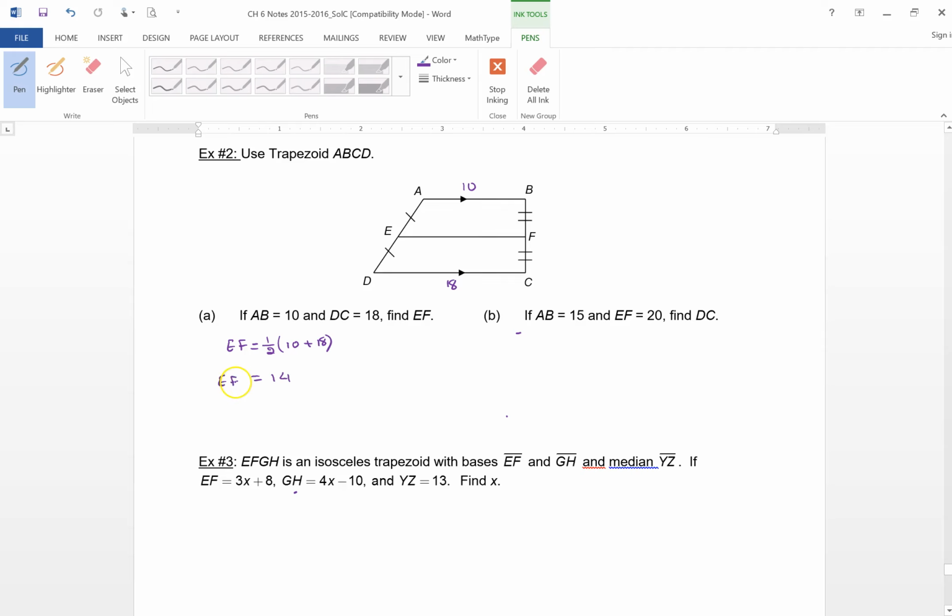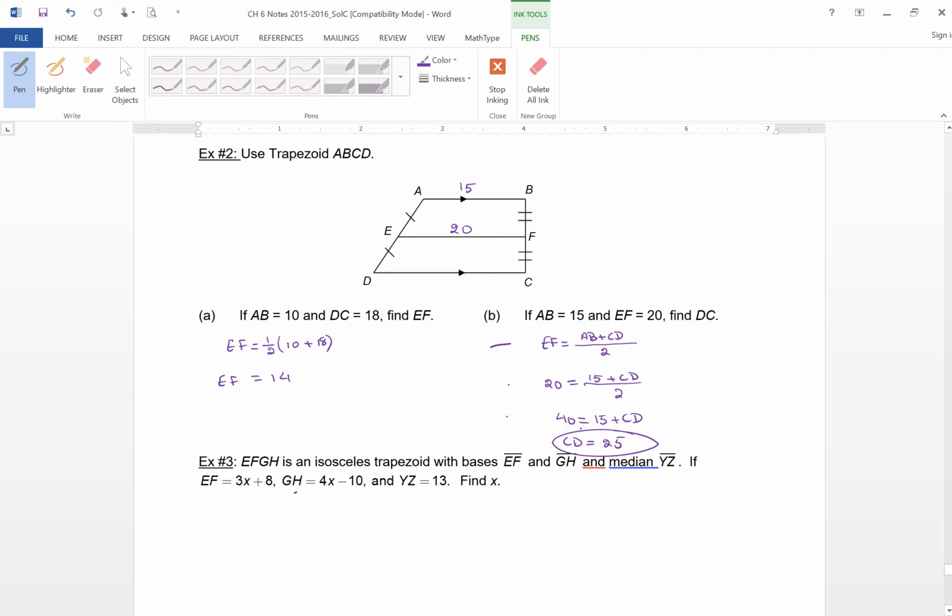Now if you want to go the other way for part B, if AB is 15, and now you were given the median, then you say EF is AB plus CD over 2. So 20 is 15 plus CD over 2. 40 is 15 plus CD. So CD is 25.